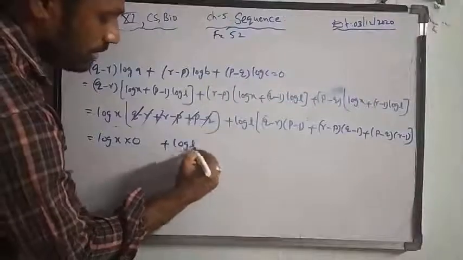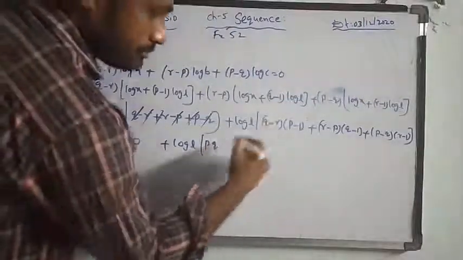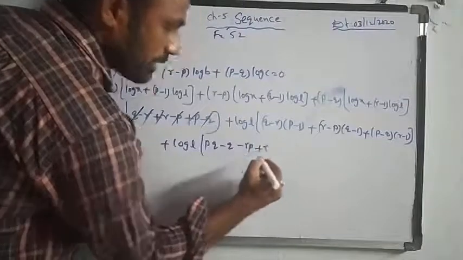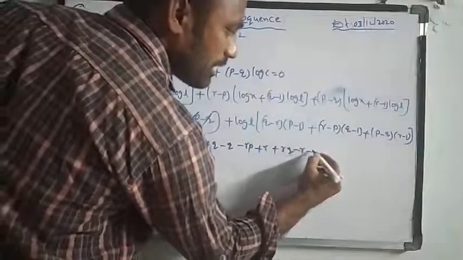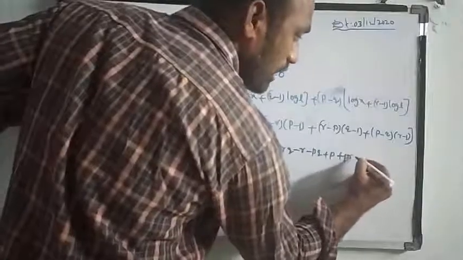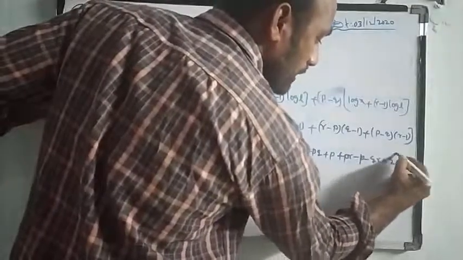Plus log L, this can be written as pq minus q minus rp plus r plus rq minus r minus pq plus p plus pr minus p minus qr plus q.